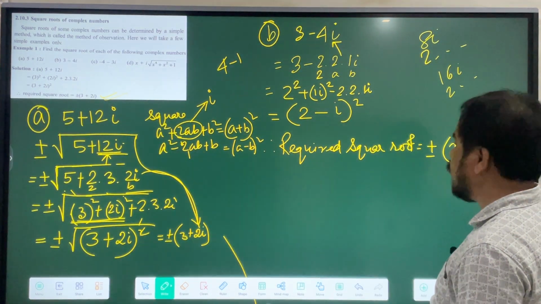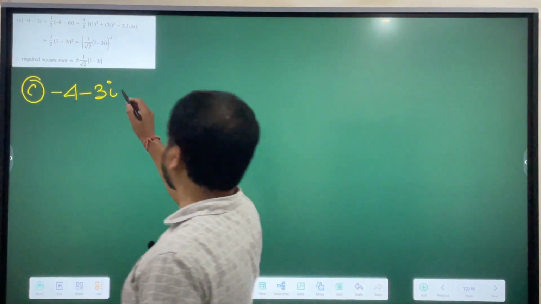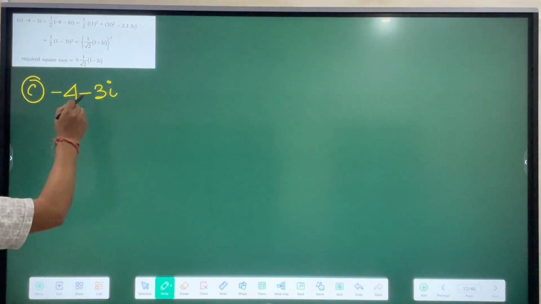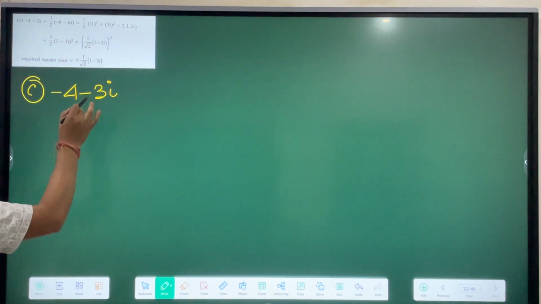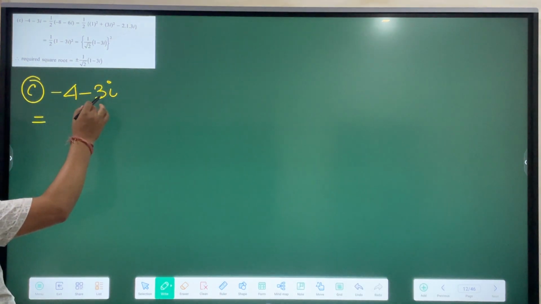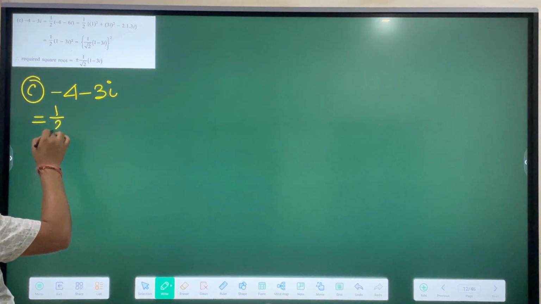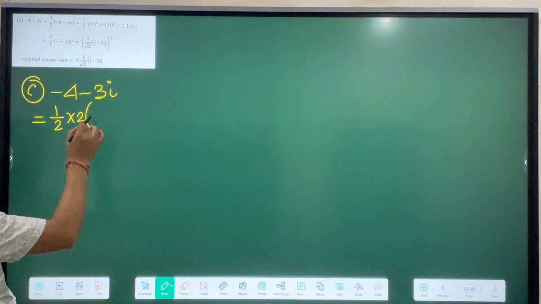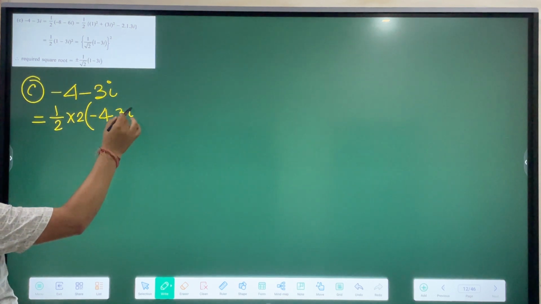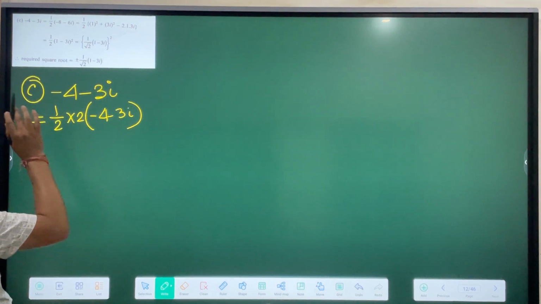But if it is not an even number, if it is an odd number, then see, this with i is an odd number. But anyhow we have to make it even. For this, since there is no 2, no even number, we will do 1 by 2 into 2 this way. 1 by 2 into 2 is 1 only. 2 cancels, it is 1 only.